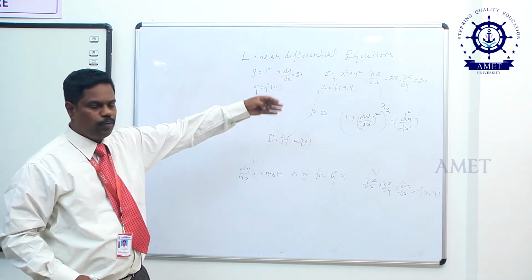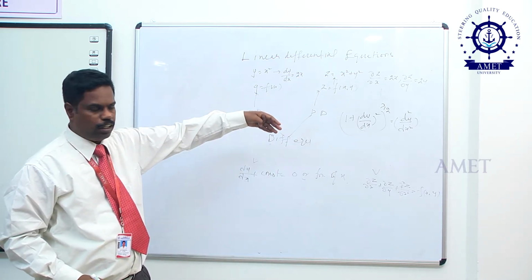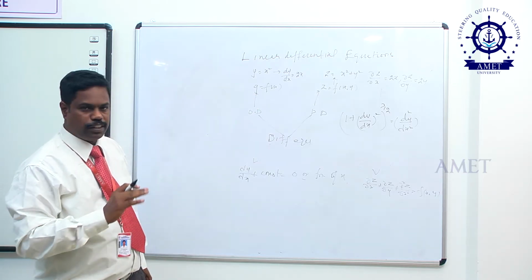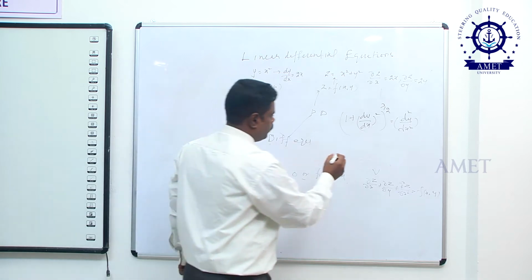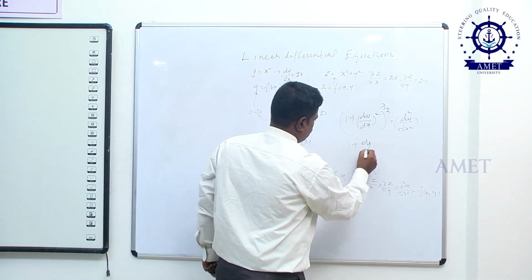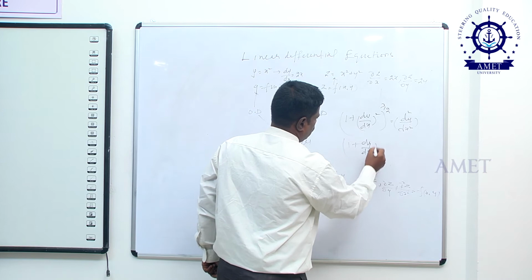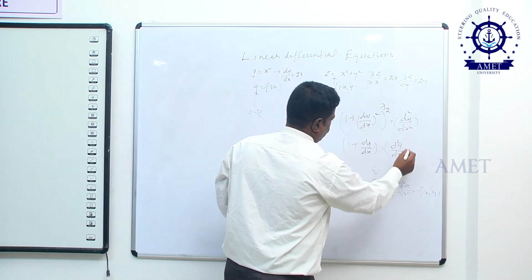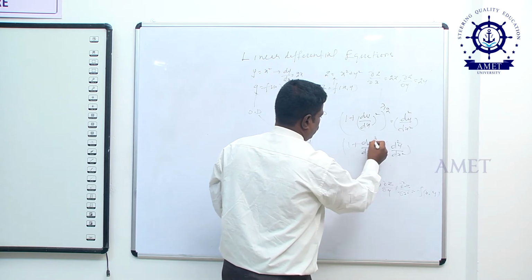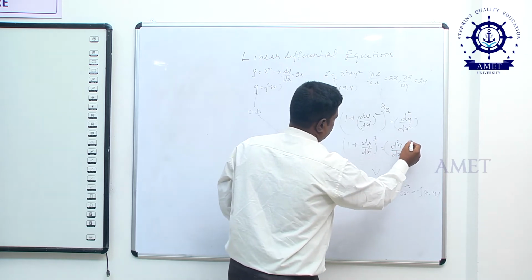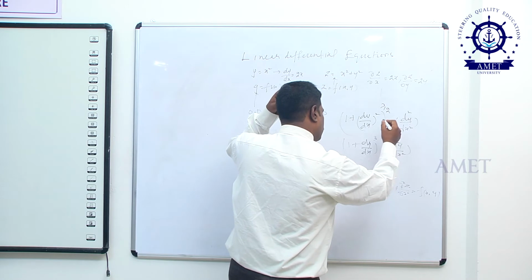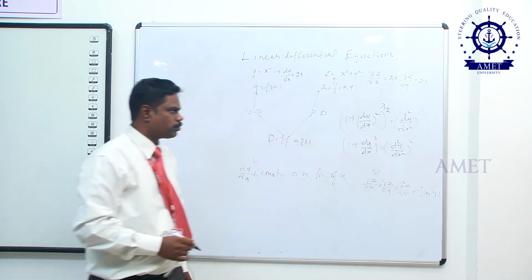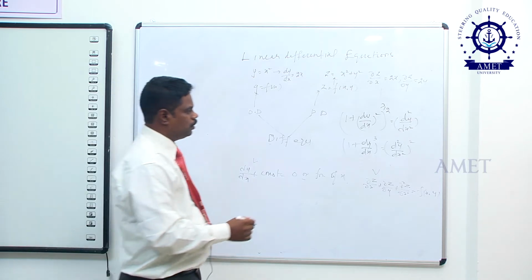Now, to find the degree and the order, we make the differential equation into expression form. That means 1 plus dy by dx squared, whole power 3 by 2, is equal to d squared y by dx squared. When you raise both sides to the power 2, the 2 is cancelled and we get the power 3 on the left. Now, what is the highest derivative?